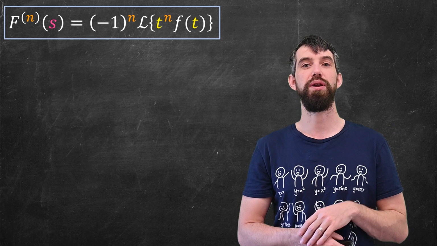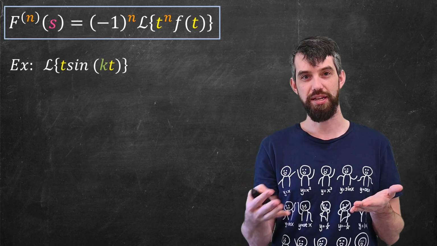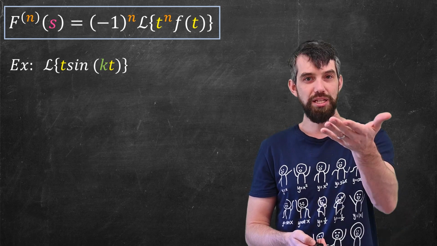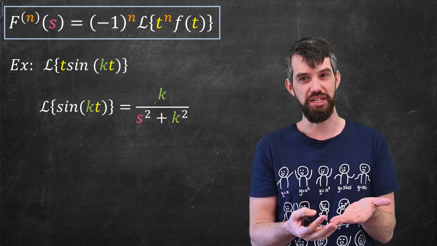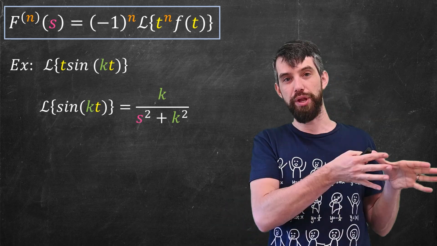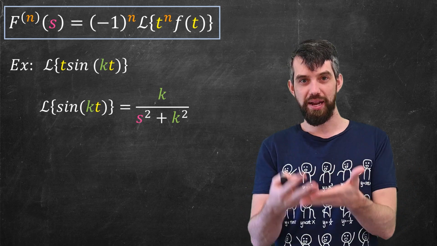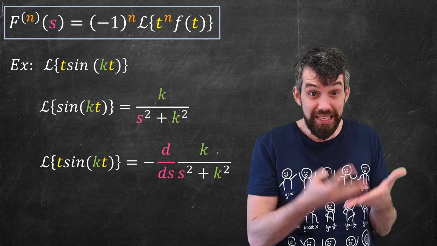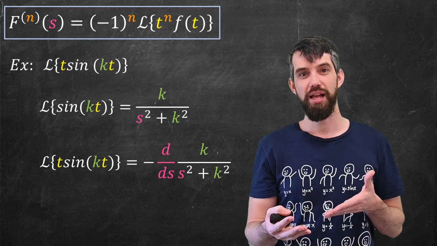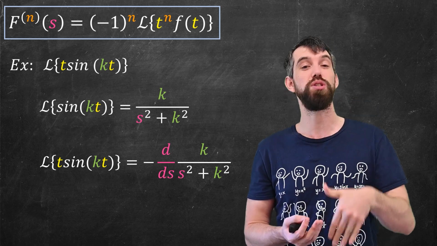The first one I'm going to consider is the Laplace transform of t times sine of kt. First, let me remind you what the Laplace transform of just sine of kt was, which is k divided by s squared plus k squared. We've seen that earlier in the series. So then, the effect of multiplying by t, as in taking the Laplace transform of t times sine of kt, is that there's a minus sign, and then there's a derivative of the result that I previously had.